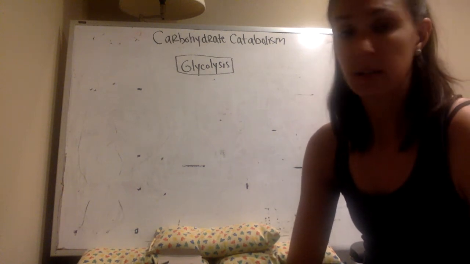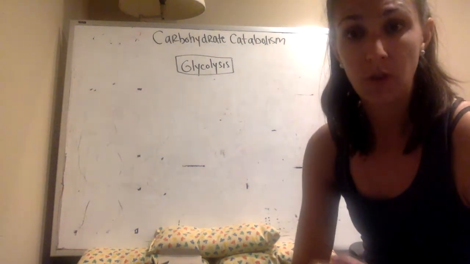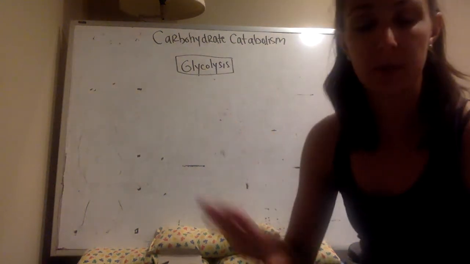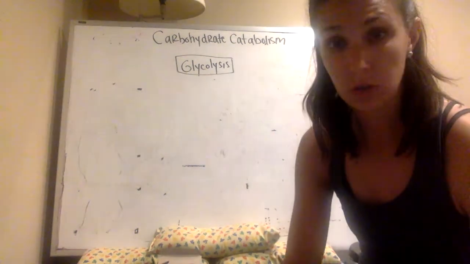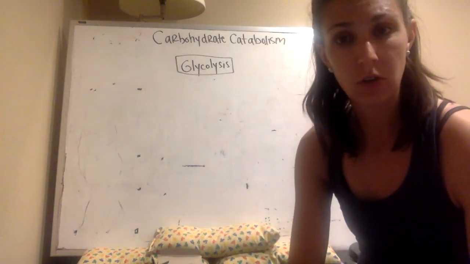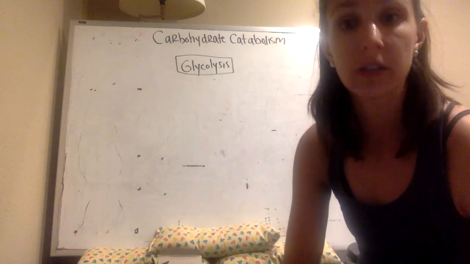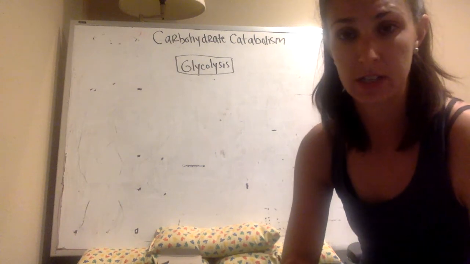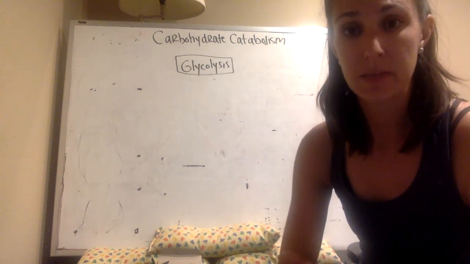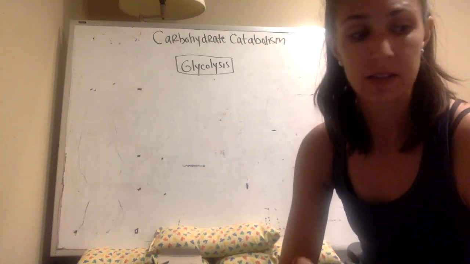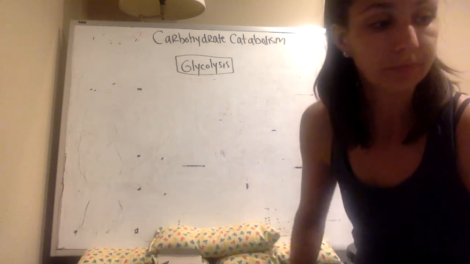In carbohydrate catabolism, you'll have the full breakdown of glucose. In fermentation, glucose won't be broken down completely, and you won't get nearly as much energy from it as carbohydrate catabolism. But nonetheless, they both have glycolysis as part of the process.